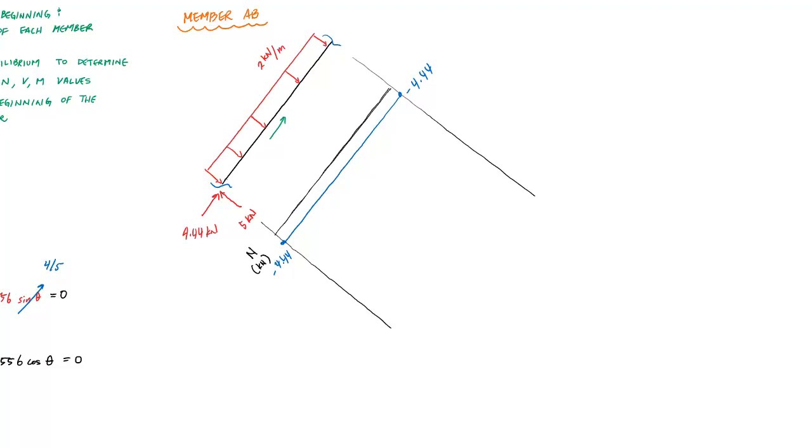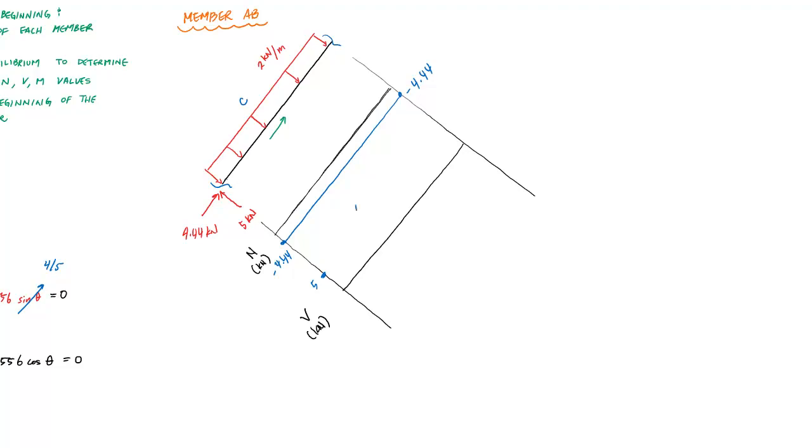Then I can draw my shear diagram. I have an internal shear of 5 kilonewtons pointing upwards. So I'll put 5 kilonewtons right here. That'll be a positive 5. My distributed load is a constant. And I know that my shear diagram is one antiderivative away.